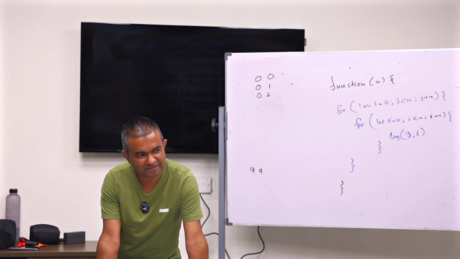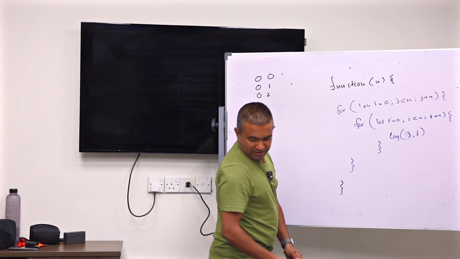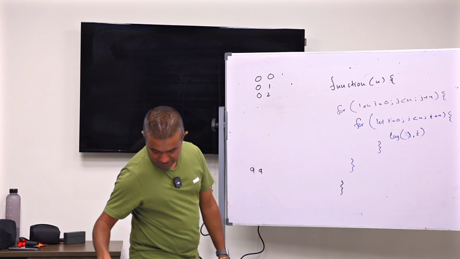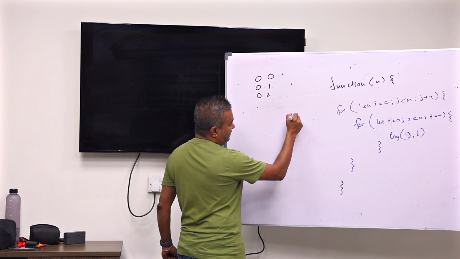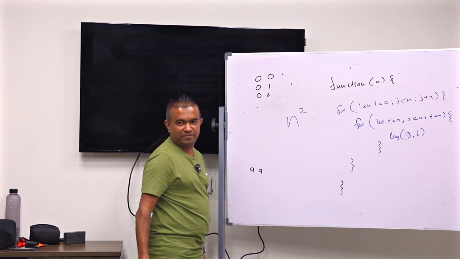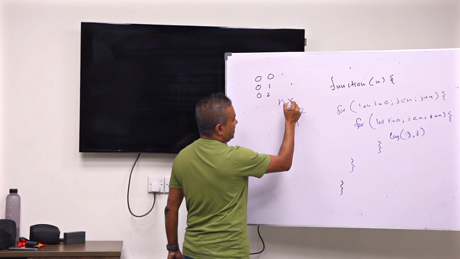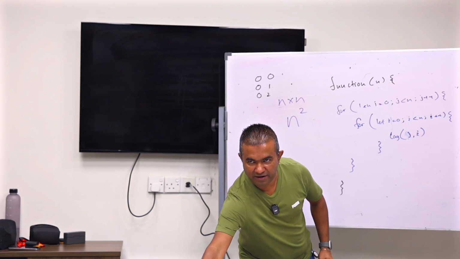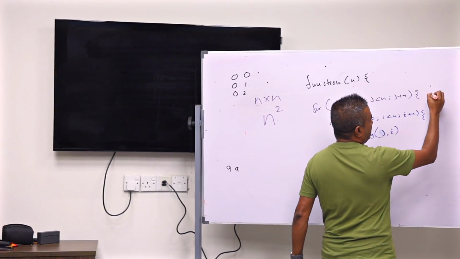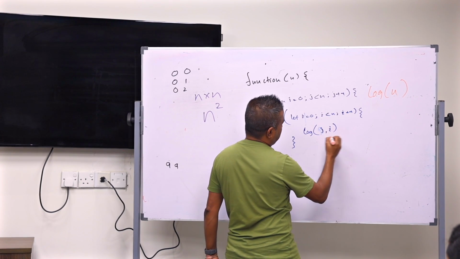So that means this code will execute n squared, right, n times n. Why? This runs n times, because this is how you determine it, right.